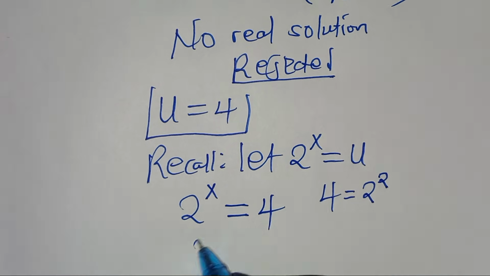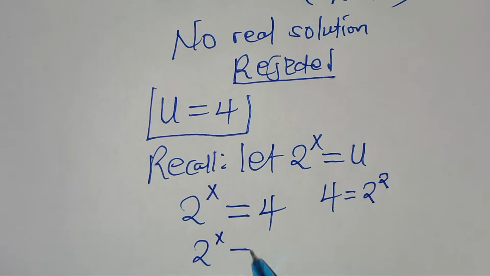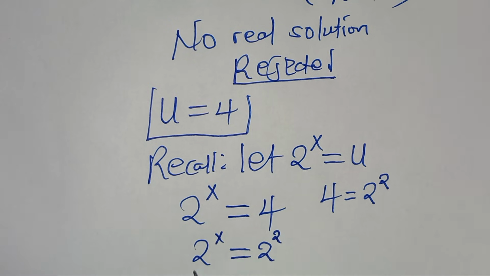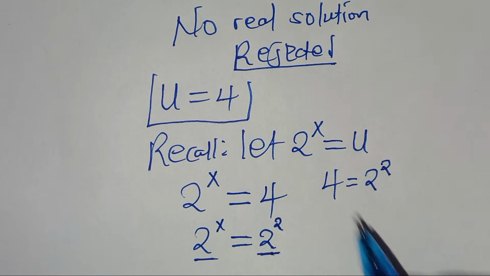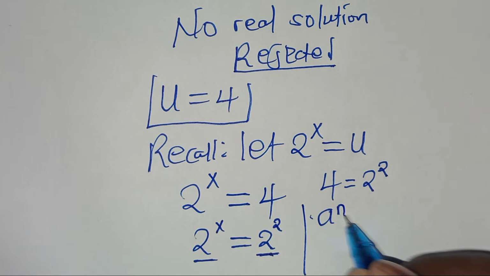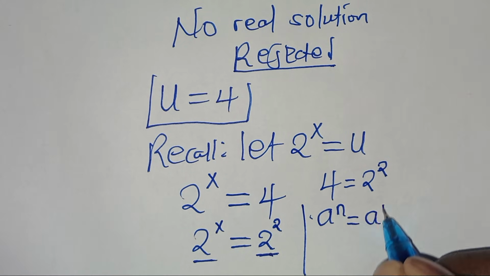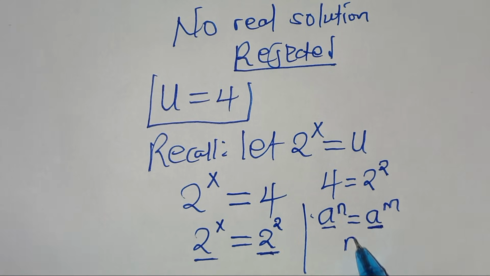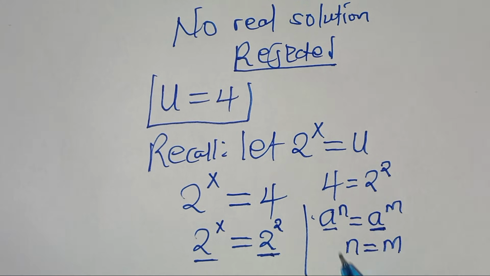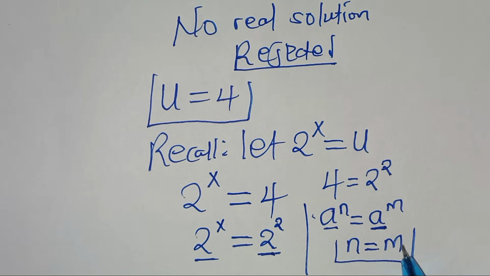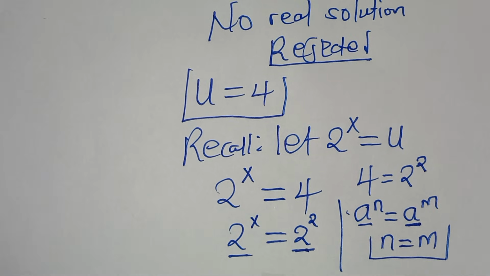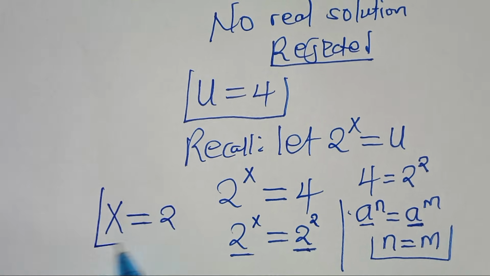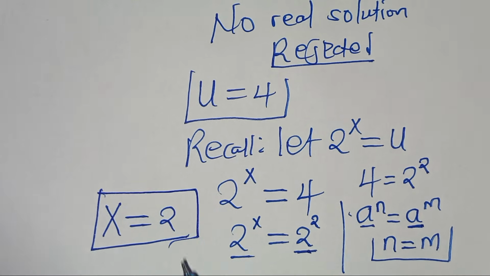So here we have 2 to the power of x, this is equal to 2 to the power of 2. Since the bases are common here, that is a to the power of n is equal to a to the power of m, exponent n should be equal to m. So in this case, we have the value of x equal to 2.